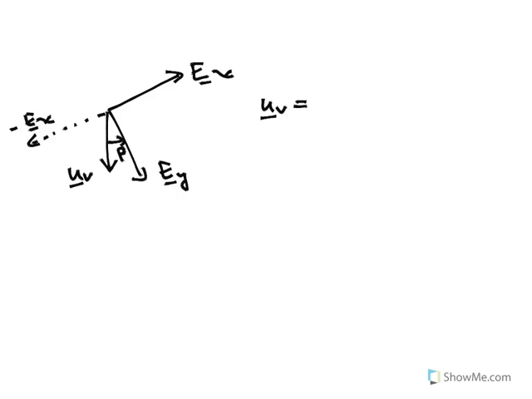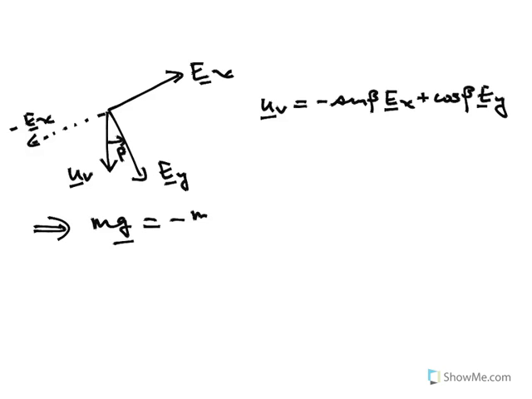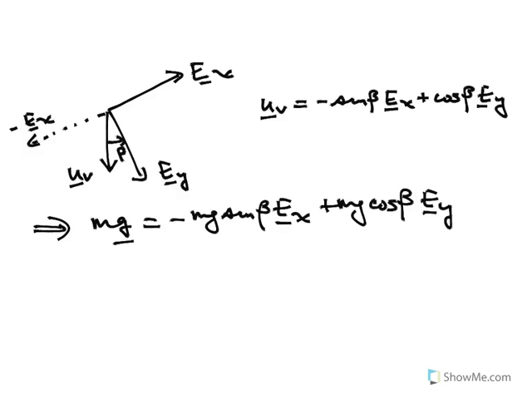So UV is equal to minus the sine of beta EX plus the cosine of beta times EY. So that tells me that the gravity force is equal to minus mg times the sine of beta EX plus mg times the cosine of beta times EY.